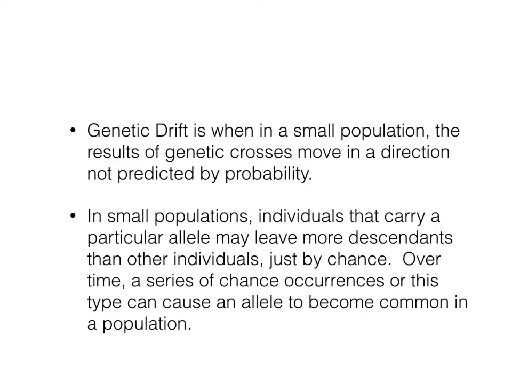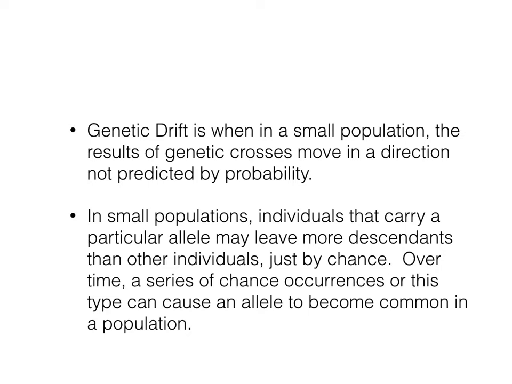Genetic drift is when, in a small population, the results of genetic crosses move in a direction not predicted by probability. In a small population, individuals that carry a particular allele may leave more descendants than others just by chance. Over time, a series of chance occurrences of this type can cause the allele to become common in a population.